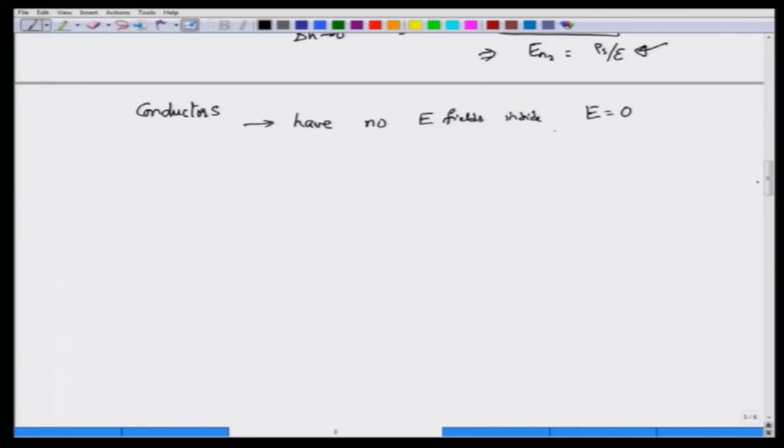They also do not have a D field. So, essentially they do not have any field inside the material. The fields, that is D fields or electric fields, are always normal to the conductor.